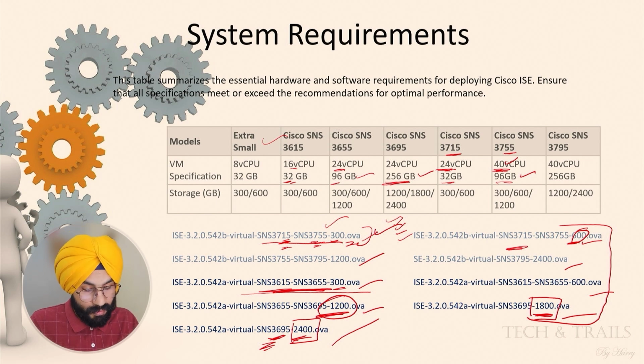But if we reduce these things in a production environment, it can cause errors in the deployment or in the performance also. In a lab, we will not see any challenges doing that, because in the lab there are not many authentications and no huge data is coming. But if we do it for production nodes, then it can cause challenges.